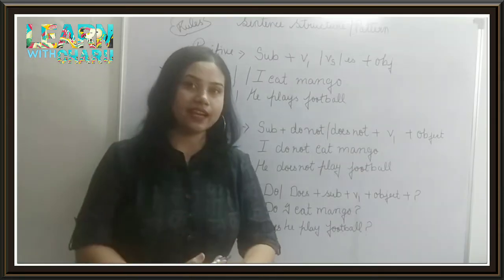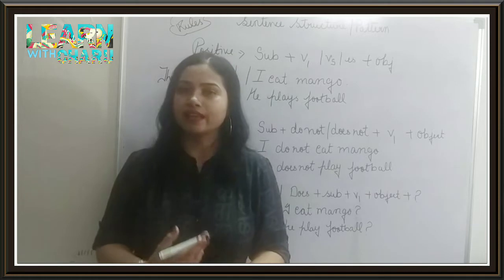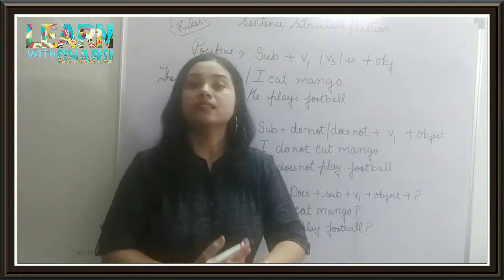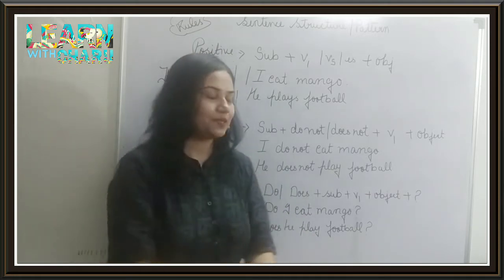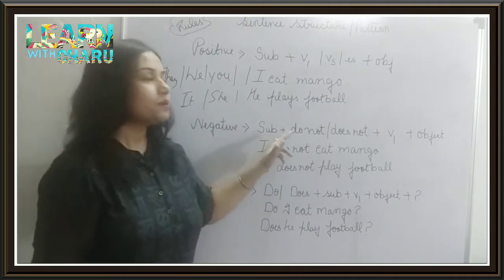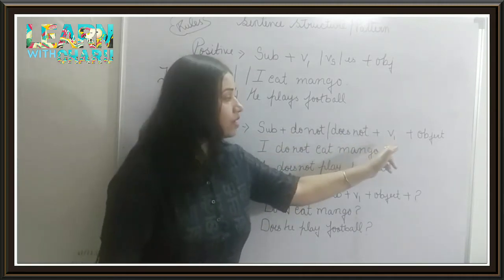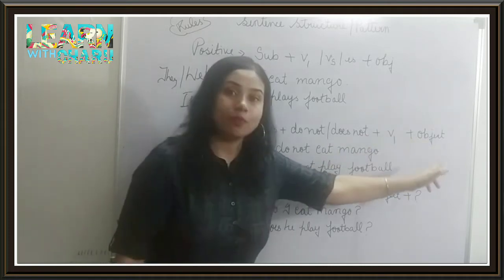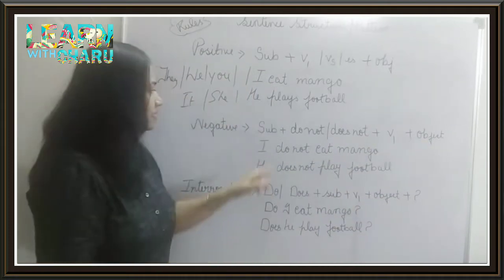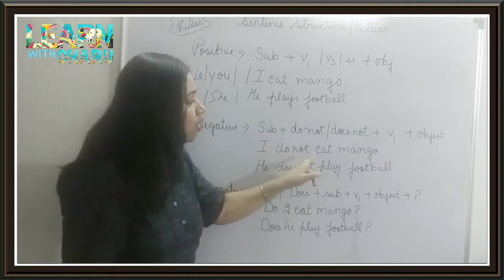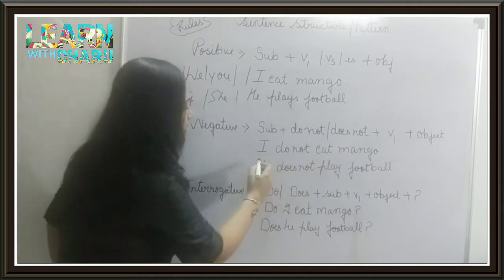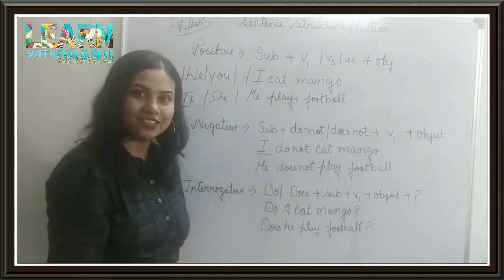Now let's see the negative sentence. How can we make the negative sentence in simple present tense? Subject plus do not or does not plus verb first form plus object. I do not eat mango. In this, I is subject, right?